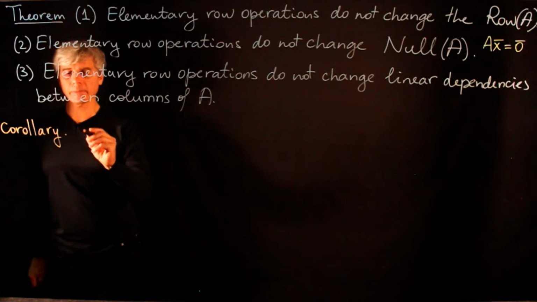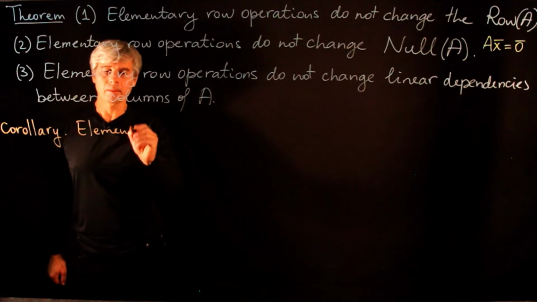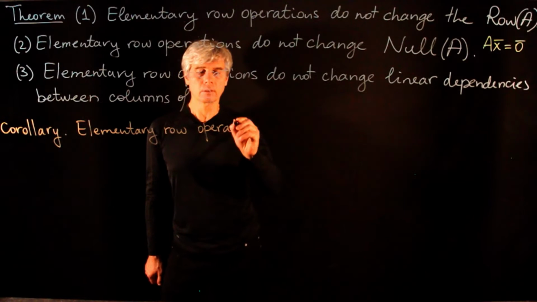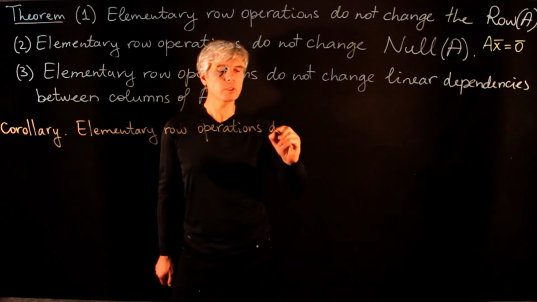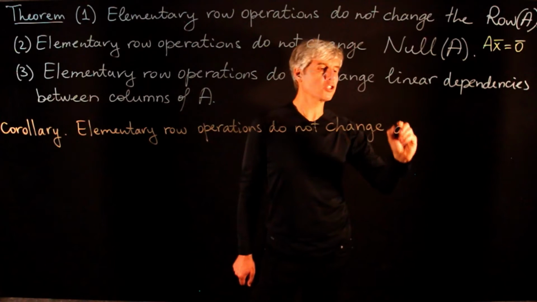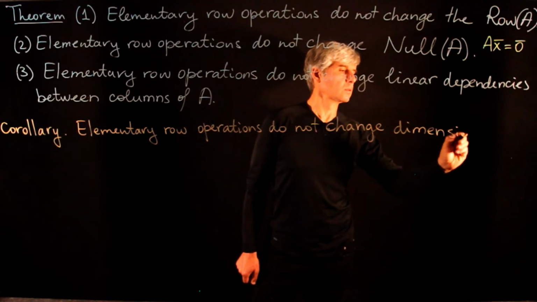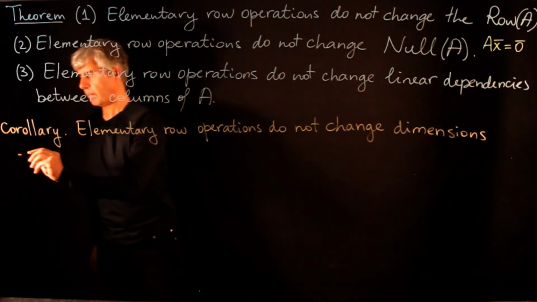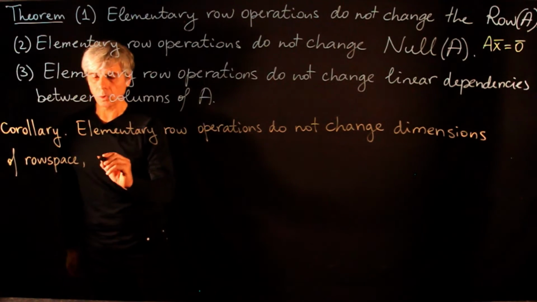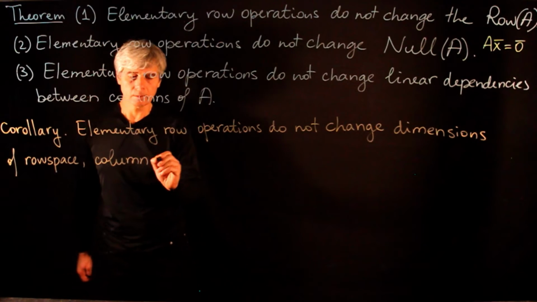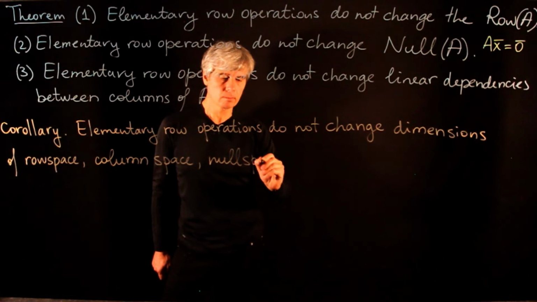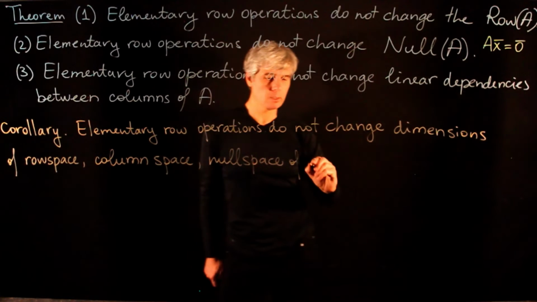that says that elementary row operations do not change dimensions of row space, column space, or null space of a matrix.